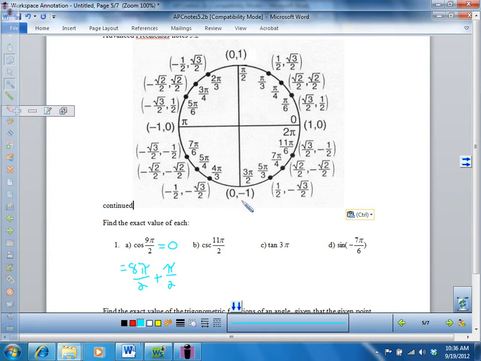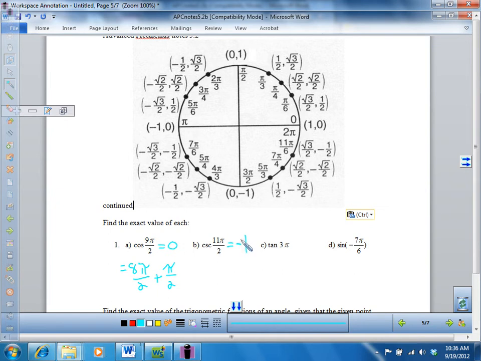So sine is negative 1. What's the reciprocal? Wait, does that make sense? It's y. Yeah, it's negative 1, right? It's a reciprocal of sine. Since sine is negative 1, the reciprocal of negative 1 is negative 1. So cosecant is also negative 1.